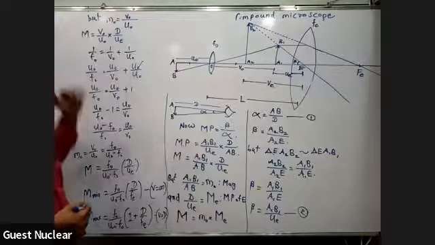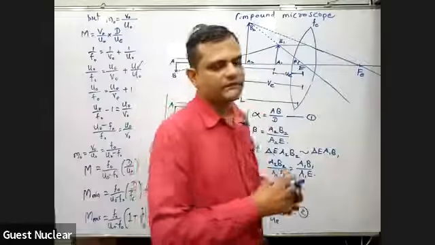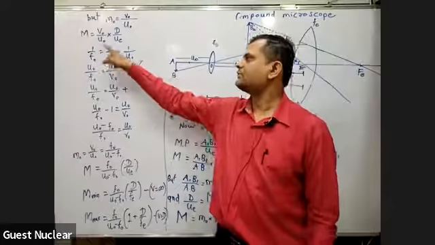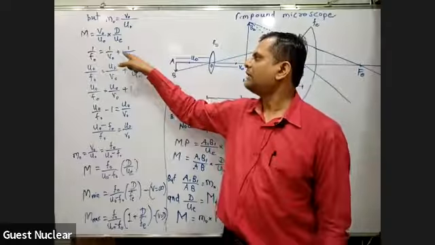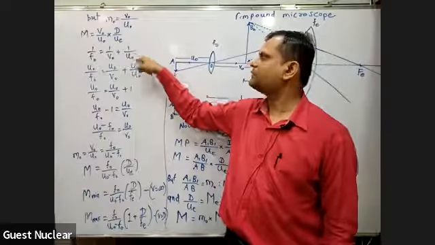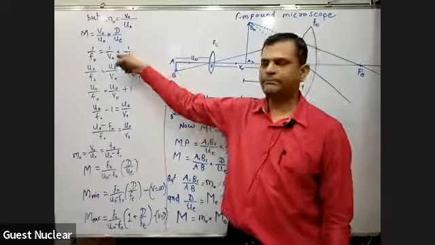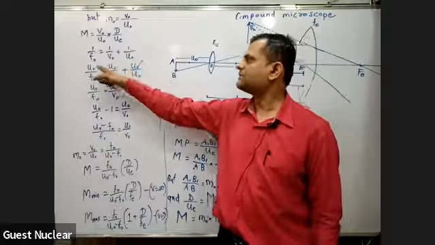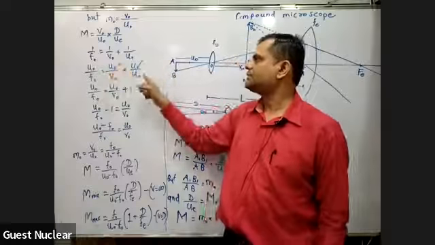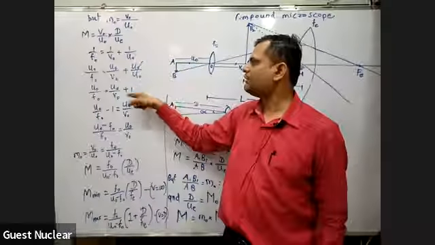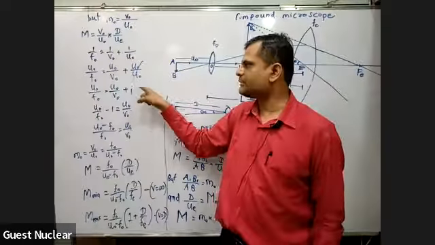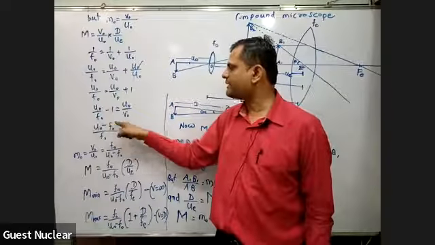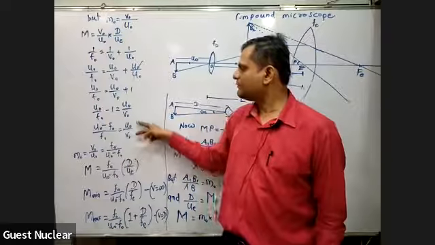But in order to get rid of this VO, we use the lens equation: 1 upon FO equal to 1 upon VO minus 1 upon minus UO, because UO is negative, so here it will be positive. Then we can get UO cancelled when this is multiplied throughout, so that we get UO upon FO, and if we transfer the 1 to that side, we get UO upon FO minus 1 equal to UO minus FO upon FO, which is the value of UO upon VO.